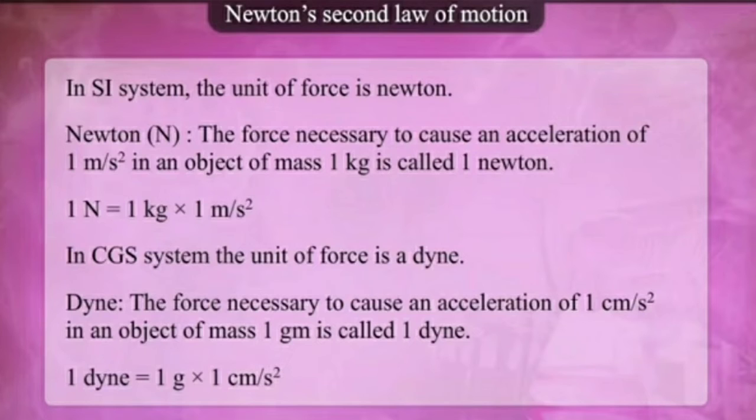In CGS system, the unit of force is a dyne. So what is a dyne? The force necessary to cause an acceleration of 1 centimeter per second square in an object of mass 1 gram is called 1 dyne. So we can write 1 dyne as 1 gram into 1 centimeter per second square.